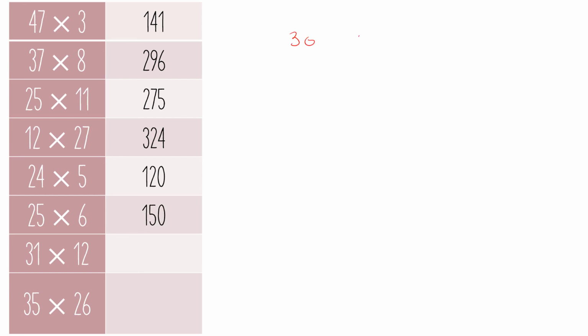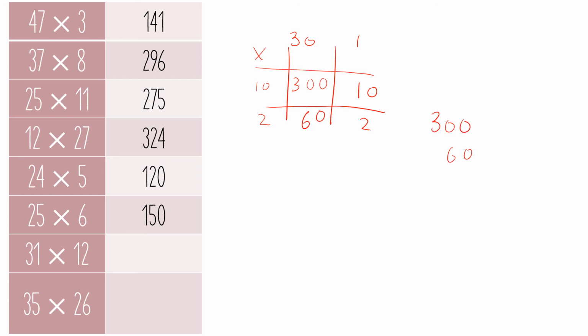We'll do 31 times 12 together. Okay, so bring the zeros down and across, 3 times 1. Bring the 0 down, 2 times 3. Bring the 0 across, 1 times 1, and 1 times 2. Add those numbers together, so 360, 10, 2. It's going to give us a 2, a 7, and a 3, 372.